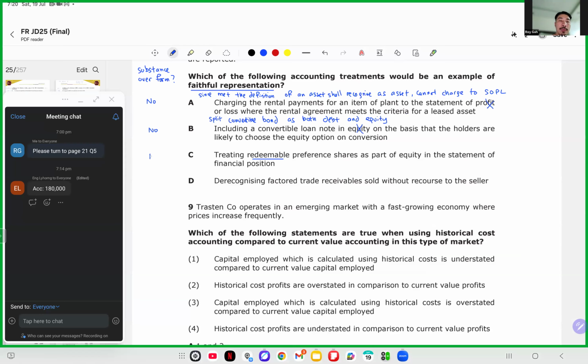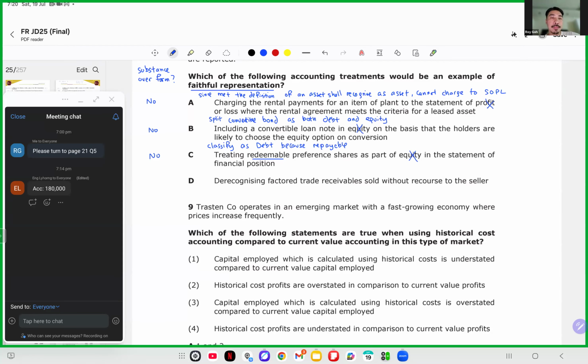And if it's repayable, it cannot be shown as equity. Equity is wrong. So you shall classify it as debt or liability. Why? Because redeemable means it is repayable.